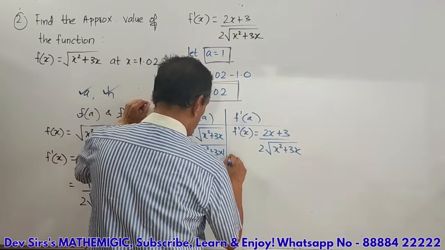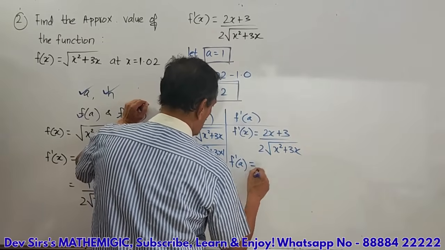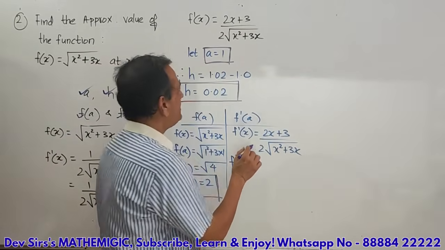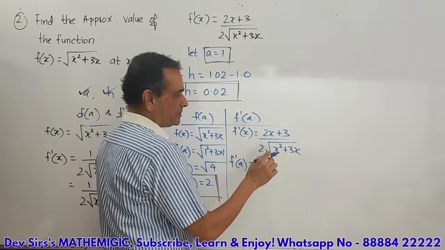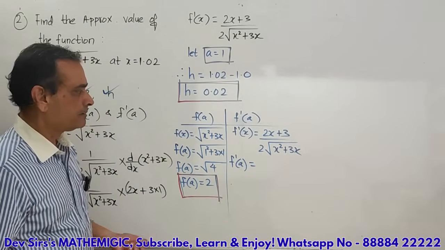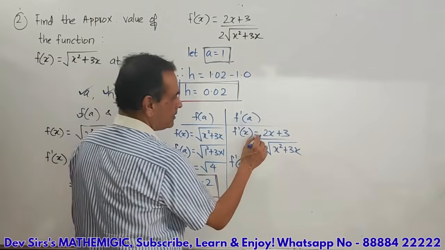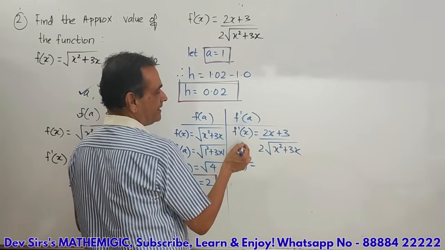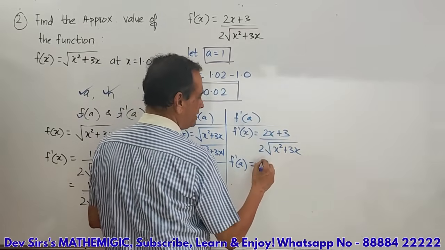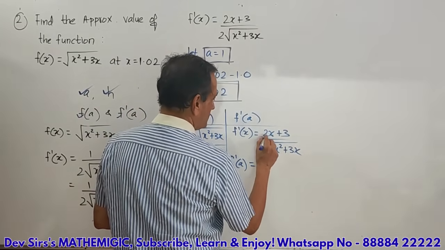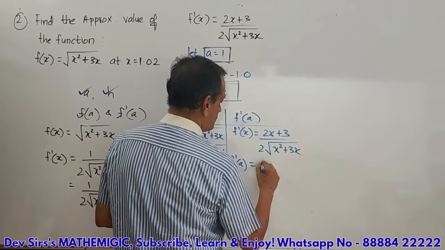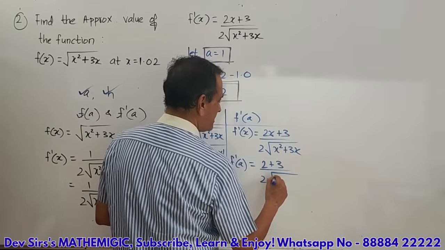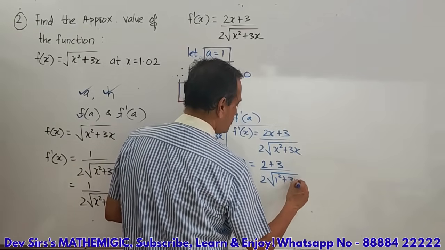In the exam you have to do such things orally. a is 1, so shall we try over here? Let's see what comes. 2 into 1 is 2, 2 plus 3 is 5. x is a, right? And a is 1. So 2 into 1 is 2, plus 3, upon 2 into square root of 1 squared plus 3 into 1.